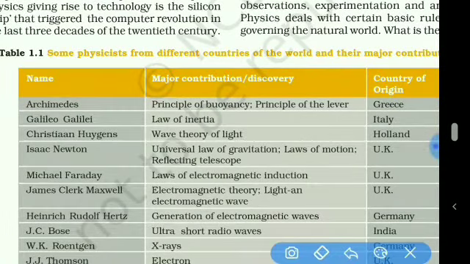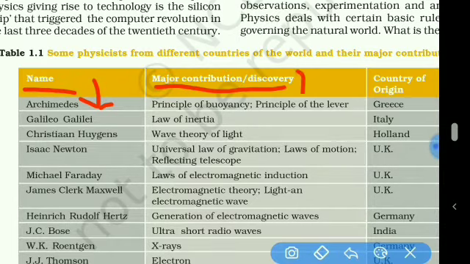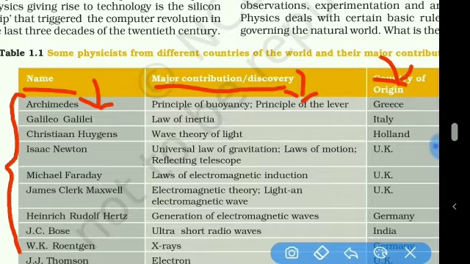You can see the names, the discovery or contribution in the field of physics, and the country. So students, casually go through this table. No need to memorize it. Just for the information, you have to go through this table.